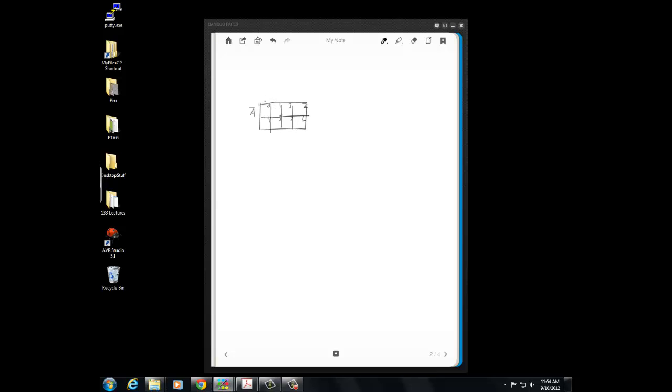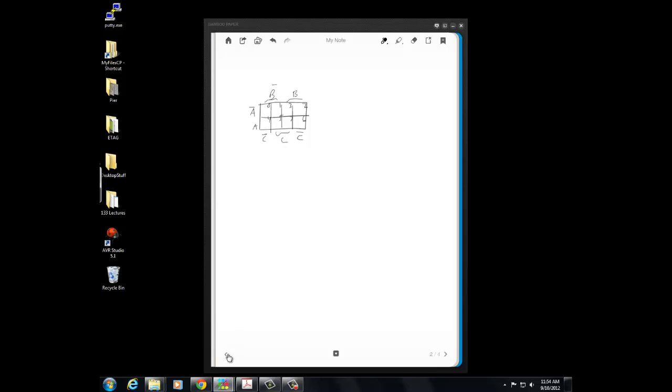Then B naught is going to be these 4 cells, these 2 columns, and C naught is going to be this column and this column. Now everything that I didn't label is the opposite of that. So these 2 here are going to be B, this one's going to be A, and these 2 are going to be C. Now you'll see how this works in a minute.